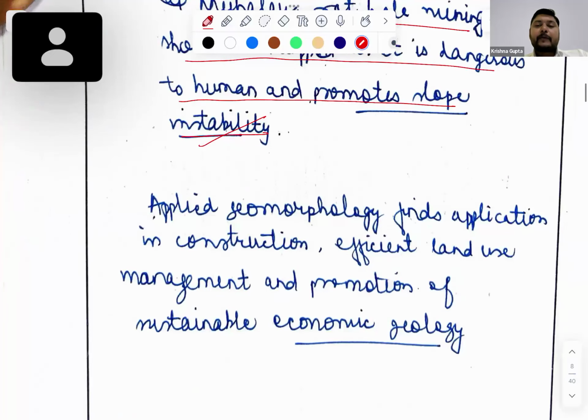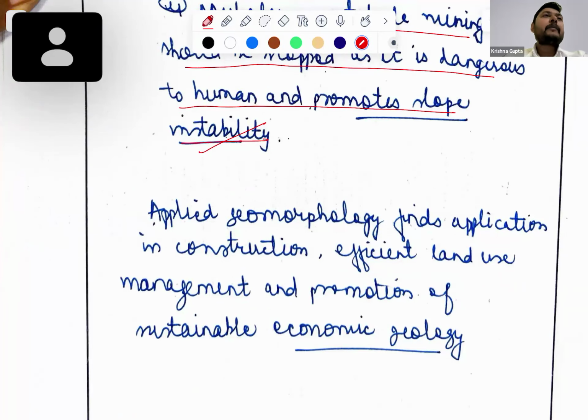Here we have seen that we have applied certain parts of applied geomorphology, but we can add certain more points. For example, when we are looking at resource extraction, we also look at the presence of volcanic vents.